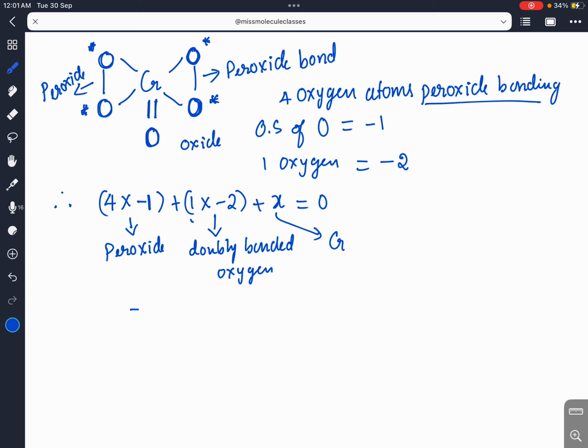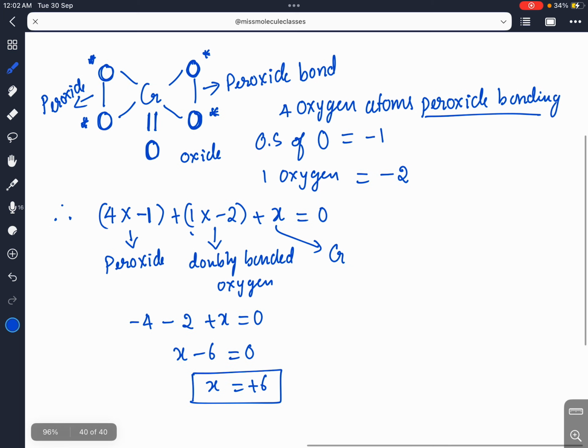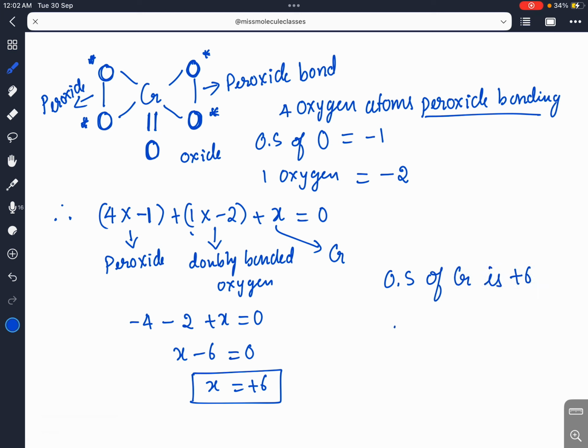So it is -4 -2 plus X, which is equal to 0. So X minus 6 is equal to 0, and X is equal to +6. So in this CrO5 structure, the oxidation state of chromium is +6, not +10.